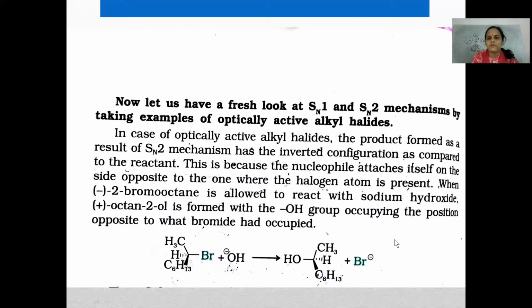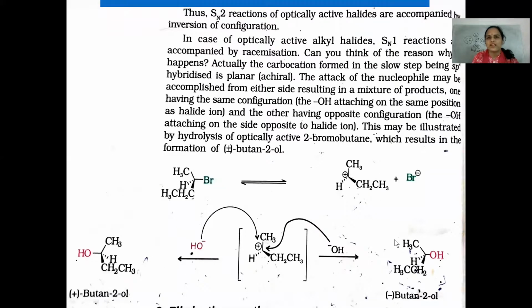So let us see the SN1 case. If I take a 3-degree alkyl halide, the SN1 reaction proceeds in 2 steps. I have already told you. The first step is the formation of the carbocation, and the second step is the attack of the nucleophile on this electron deficient carbocation. So you can see here, this OH minus can attack this carbocation from both sides.